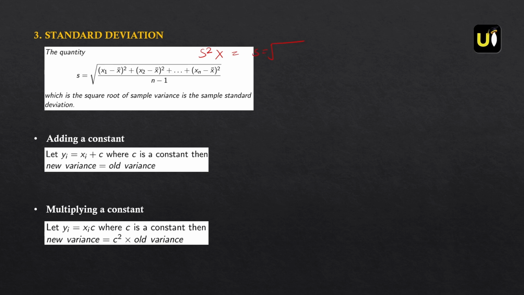The square root of the sample variance is the sample standard deviation. If we add a constant, there will be no change in the new standard deviation. And if we multiply, the new standard deviation equals c into the old standard deviation. All right, you have to remember this thing, this is important.